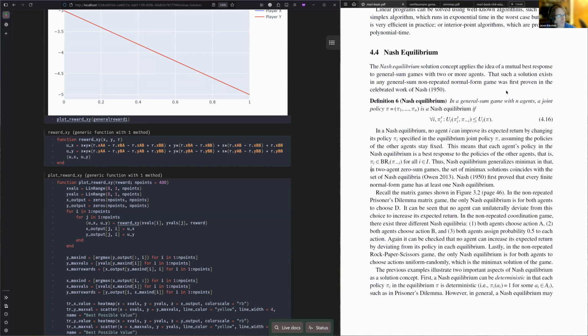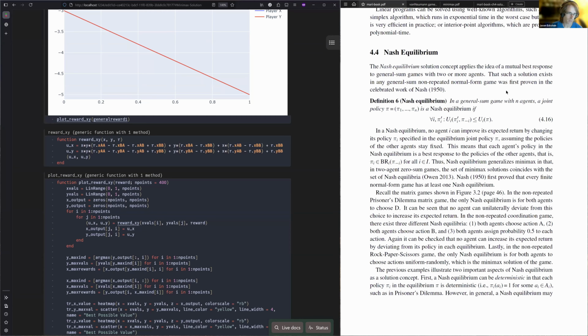These linear programming techniques work in polynomial time for zero-sum two-player games. To verify a Nash equilibrium, it can run in polynomial time, but to find a Nash equilibrium, it's probably exponential time.